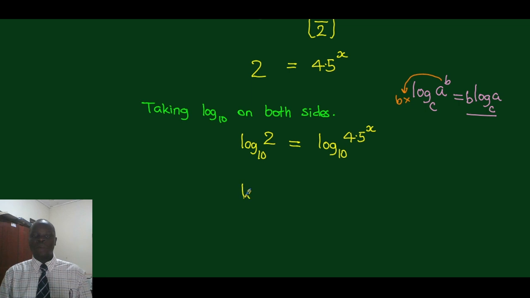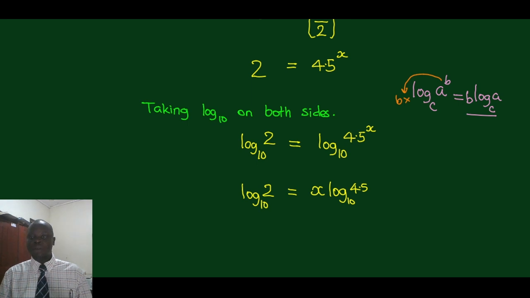So we can repeat writing our left hand side where we have logarithm of 2 to the base of 10 equals, so this time we have x times logarithm of 4.5 to the base of 10.